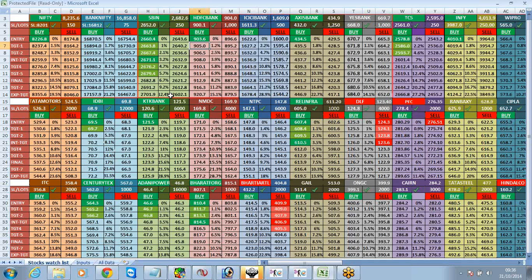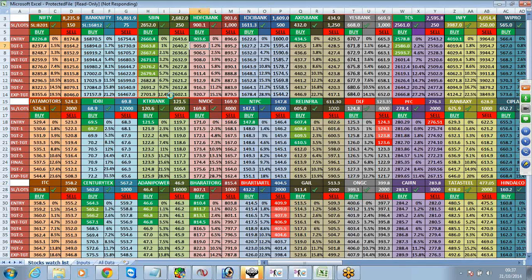So as soon as the script reaches its intermediate target levels, in case you would like to still continue with the trades, you can trail your stop loss. You can keep changing your stop loss such that in case a script makes final target, you can maximize your profits.